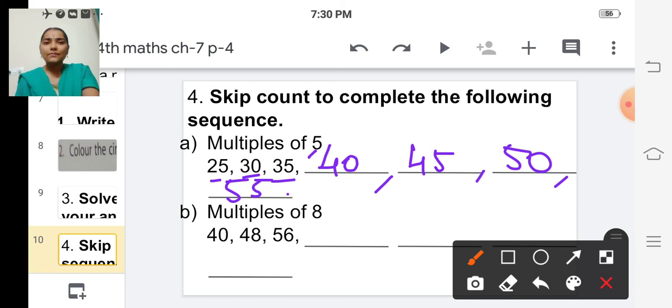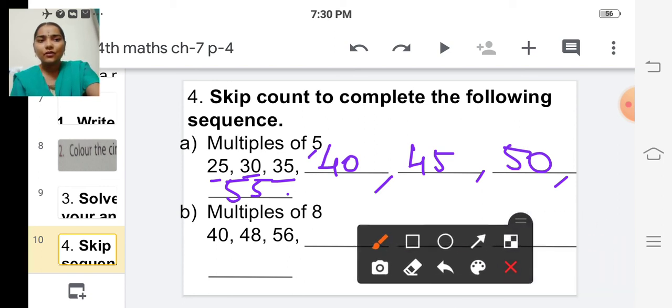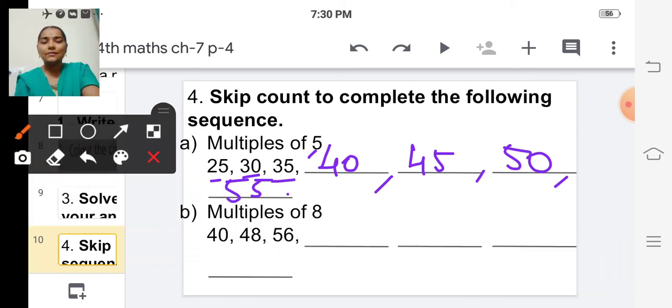So next one, multiples of 8. So 40, 48, 56. And next one, 56 plus 8, 64.